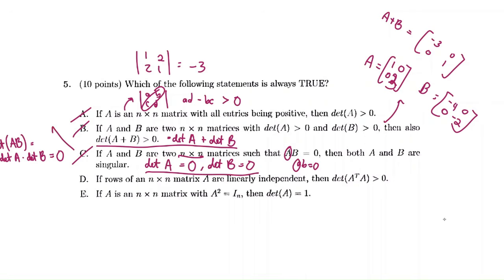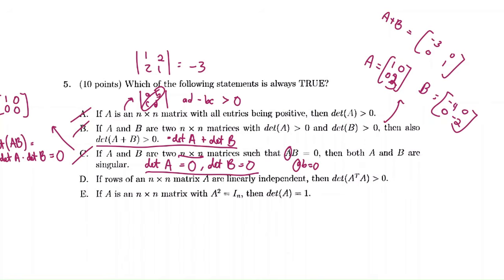And again, if you want to go the counterexample route, we can say a singular matrix, right? 1, 0, 0, 0. That's a singular matrix, but then you can have a non-singular matrix.